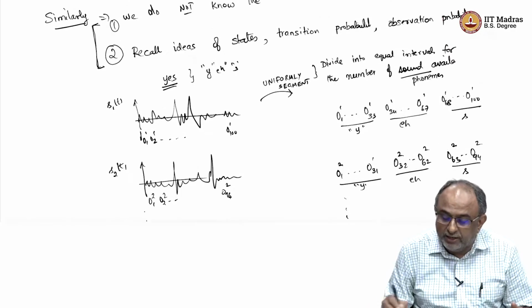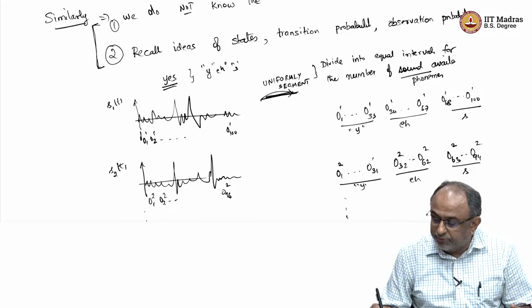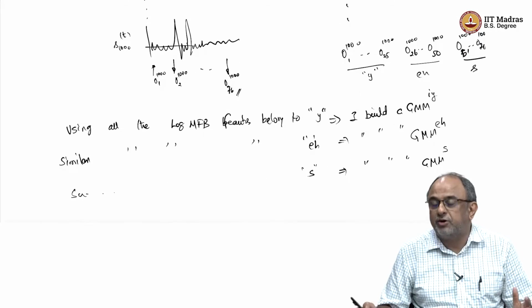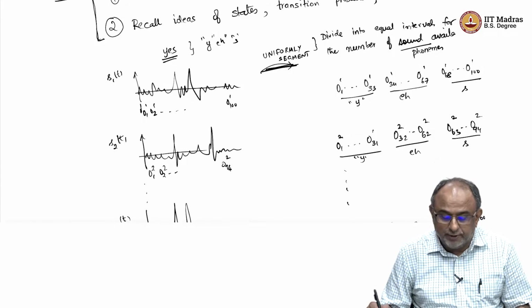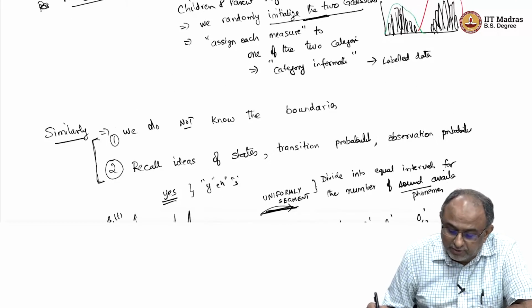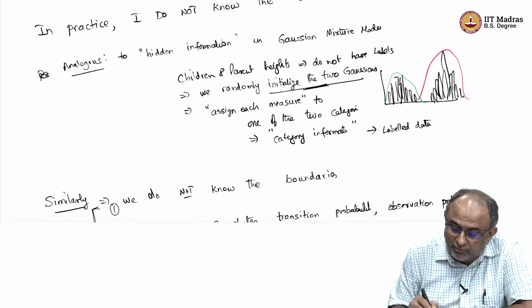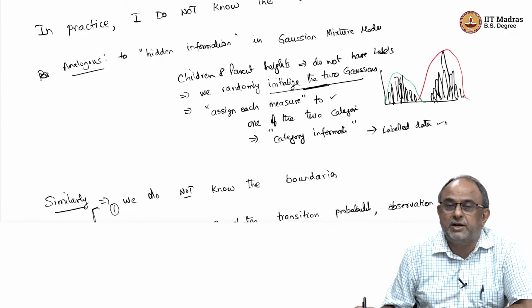So, I randomly or uniformly segmented the data, all right, and then from the uniform segmentation, I got these GMMs, right. Now, I can go back. What should I do now? Remember, with the random thing, with each of these, we assigned category information, labeled the data, right.